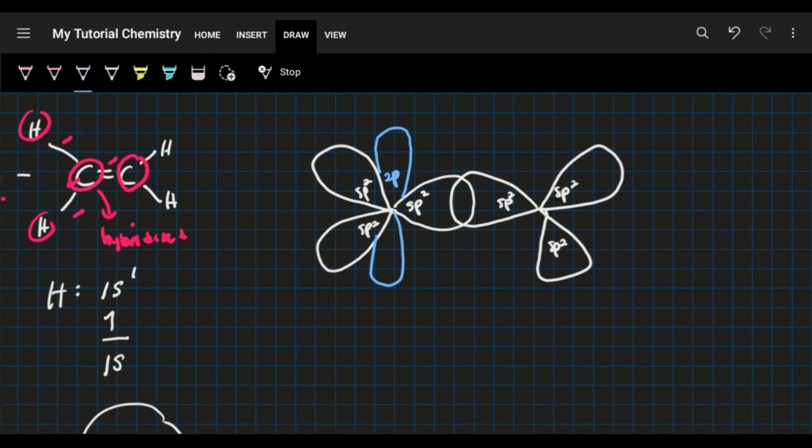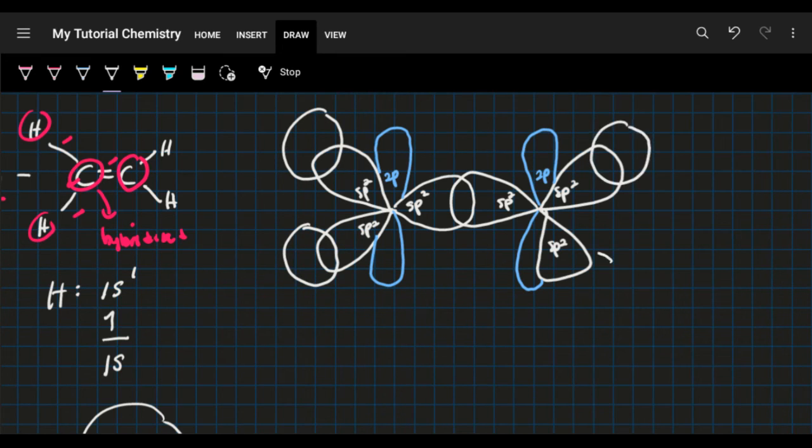So this is the 2p orbital, p orbital, p, and the sp2 orbital also combines with the 1s orbital from hydrogen, 1s.